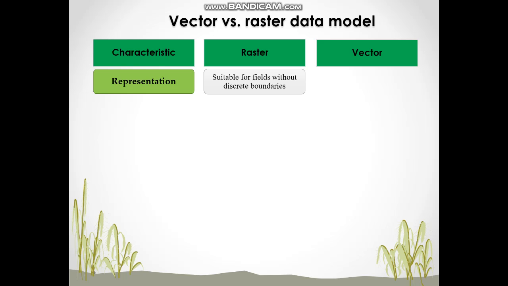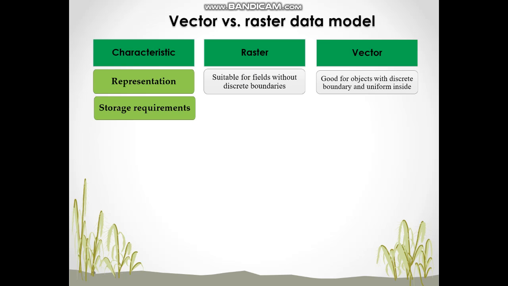We cannot easily identify their geographic boundaries, so in this case we use the raster data model. On the other hand, the vector data model is very good for representing object features, whose boundaries are easy to identify, such as buildings, individuals, rivers, and other objects. So we use the vector data model for object features, and raster is used for field features.